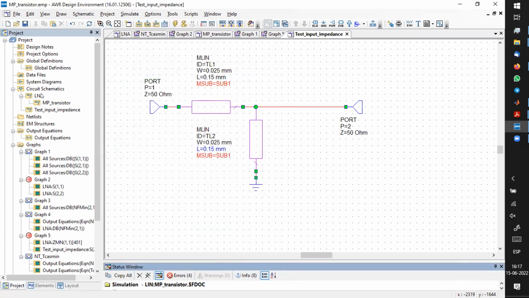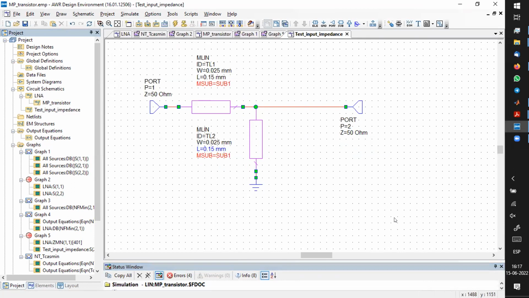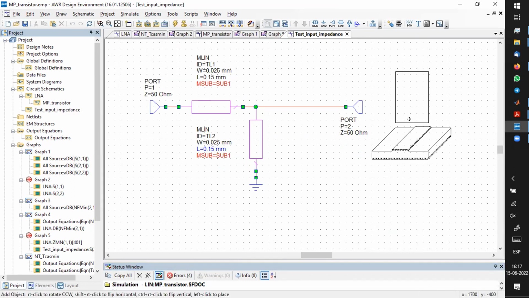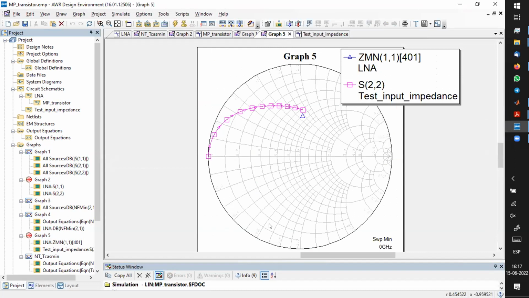Substrate is missing. Okay. Whoa. Why did it start from there?